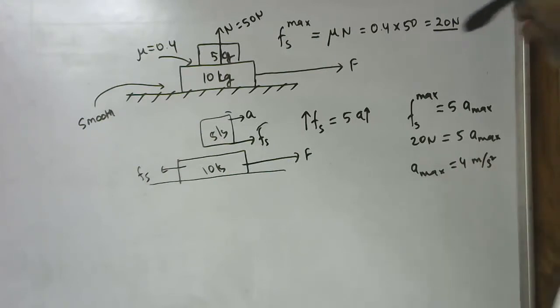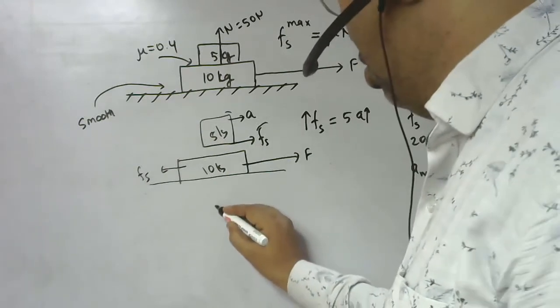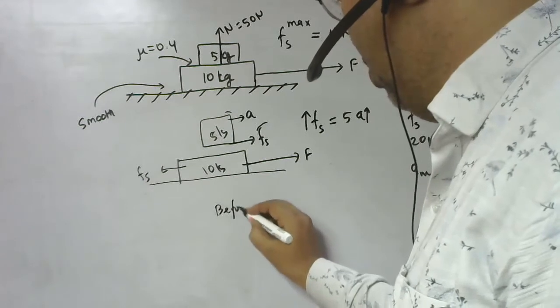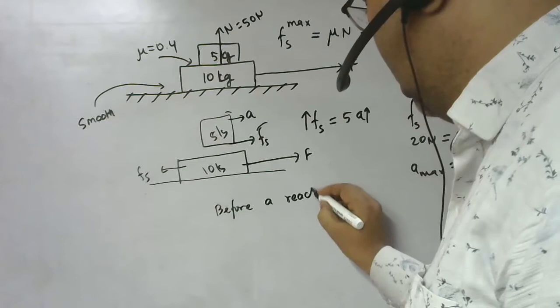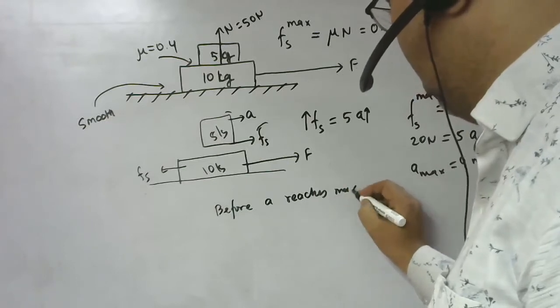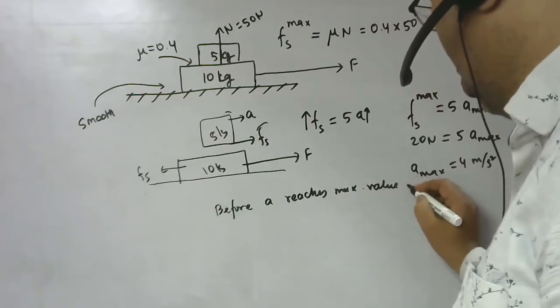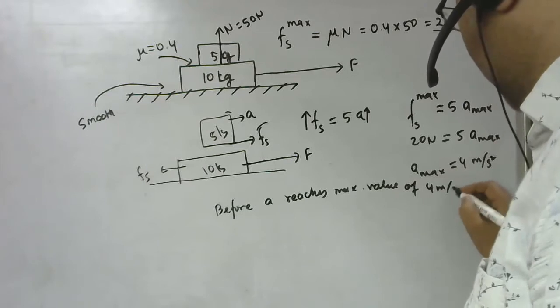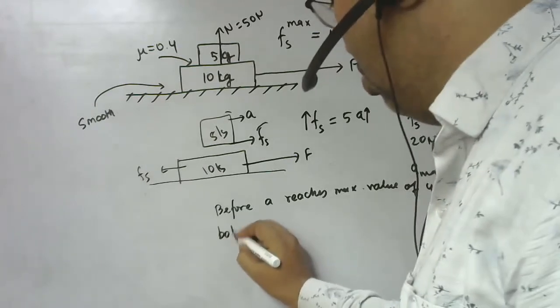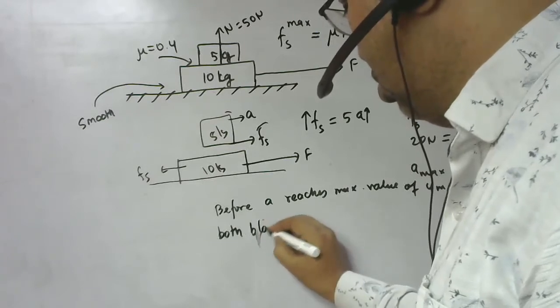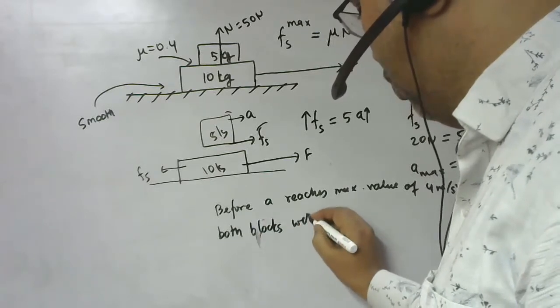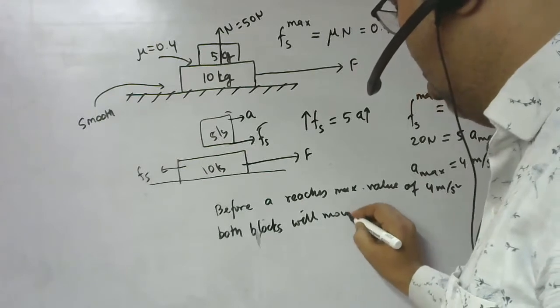So before the acceleration reaches the maximum value of 4 meter per second square, both blocks will move together.